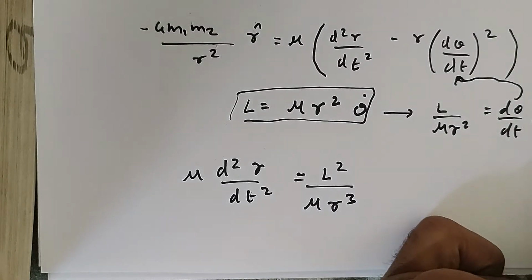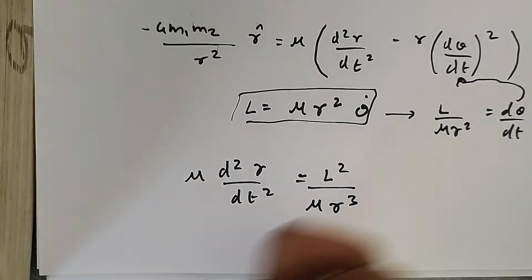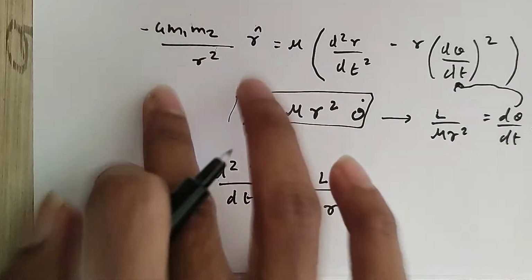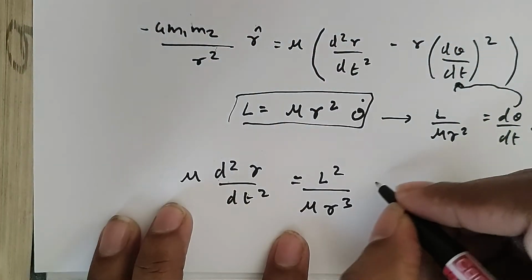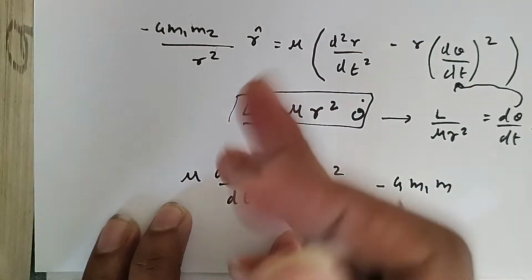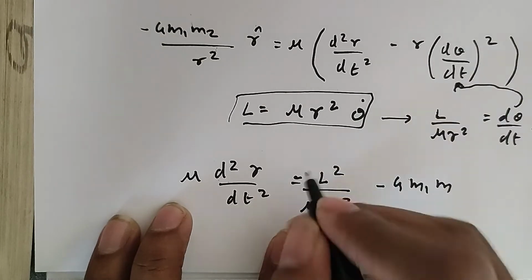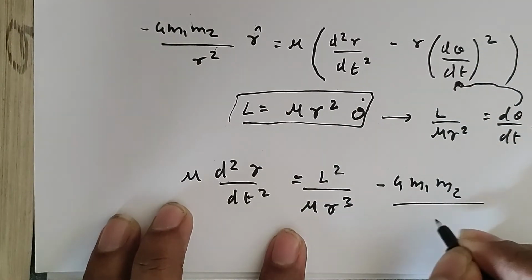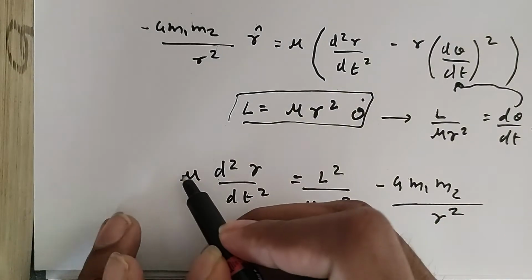What I did is use this theta dot equation over here, nothing more of a magic of some sort. I bring this term to this side so that the negative sign becomes a positive sign, that's why there is a positive sign over here.